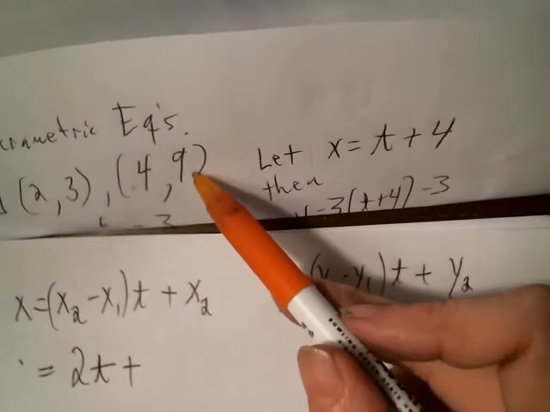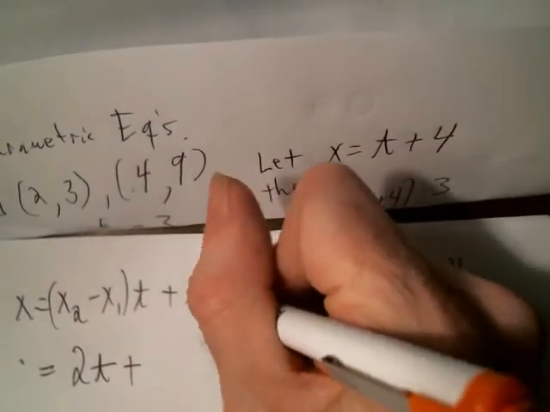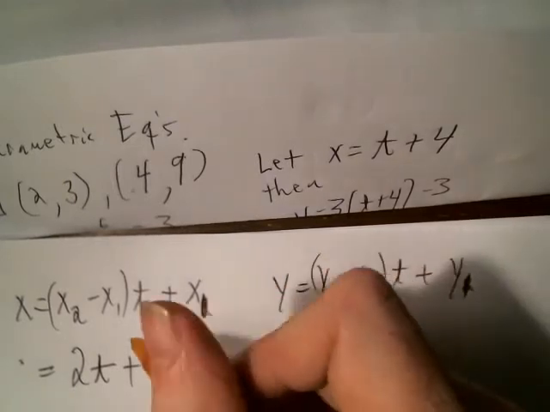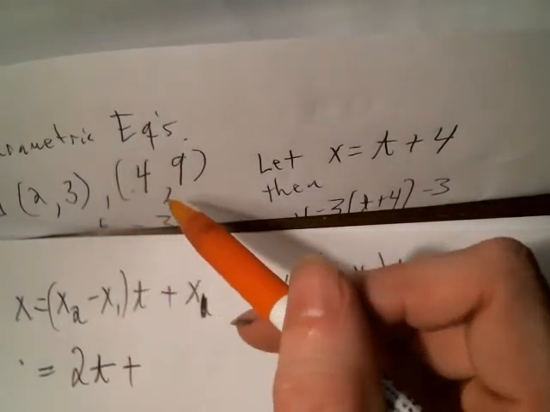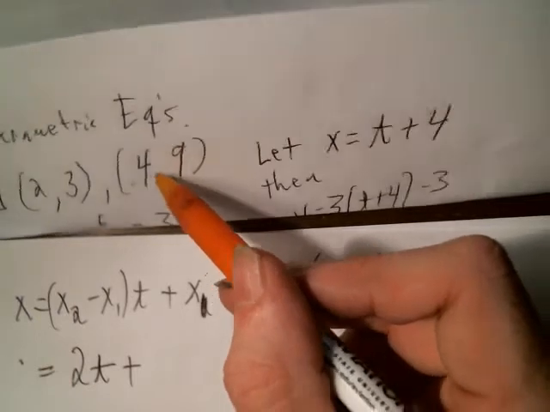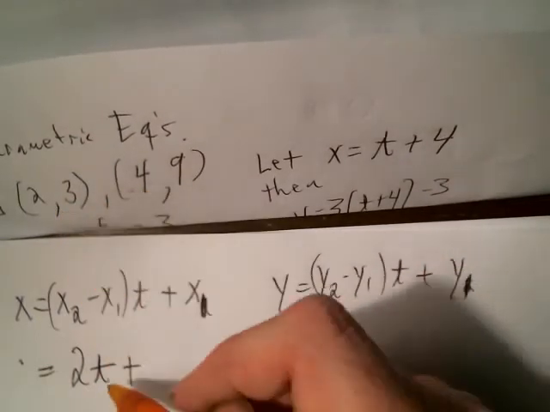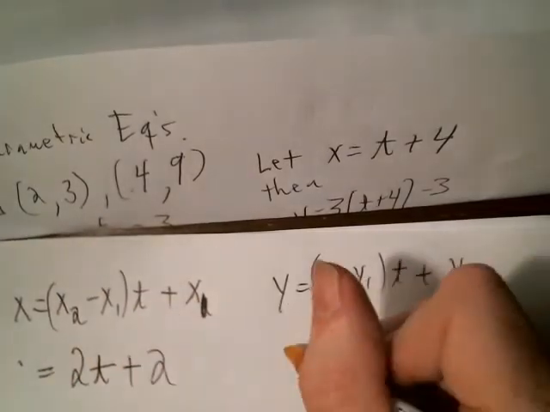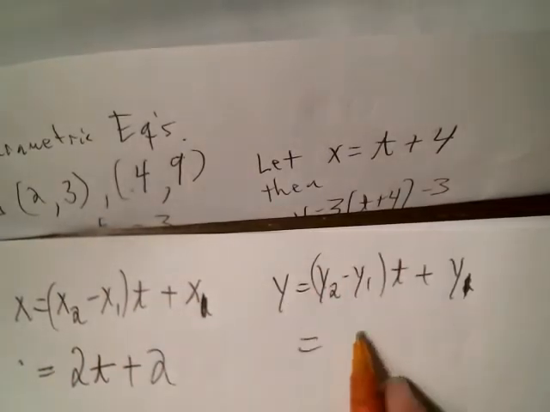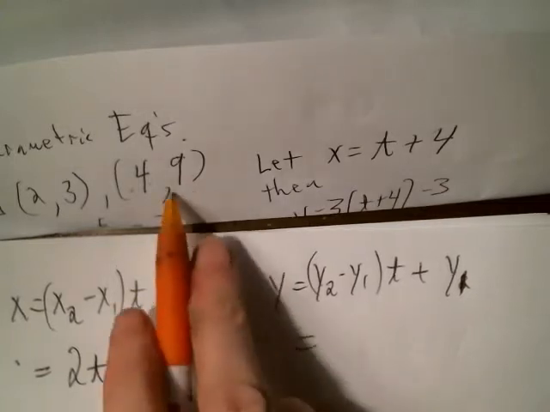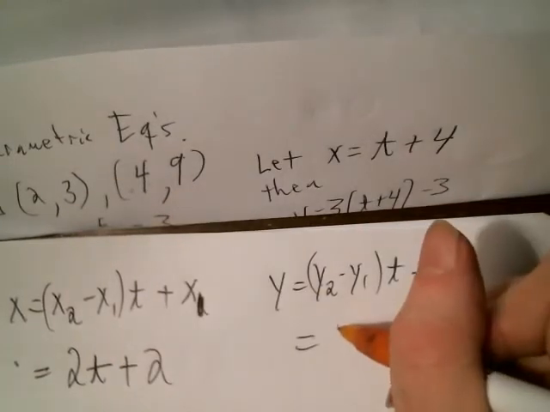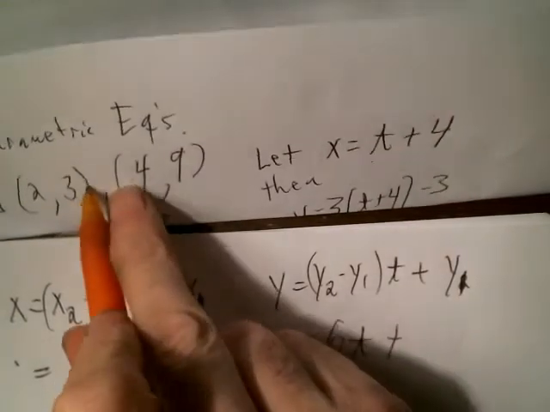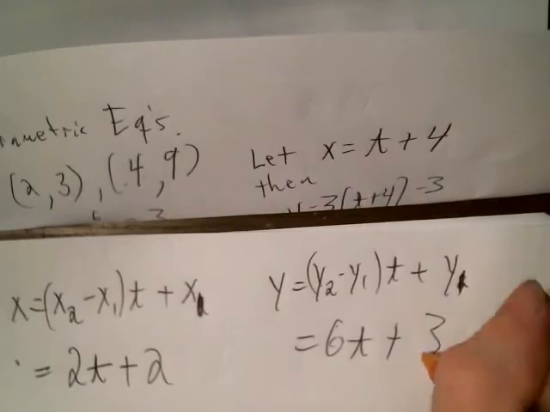I apologize, let me just use x1. So x2 minus x1, 4 minus 2 is 2t, and then plus, let's use 2. And then here, y2 minus y1, so y2 is 9, minus 3 is 6t, and then plus this 3 value. Okay.